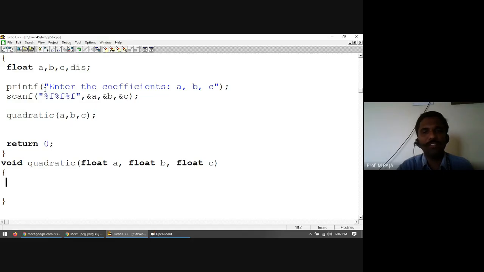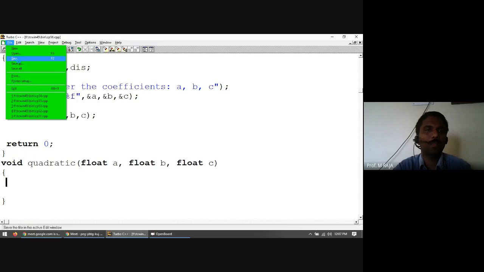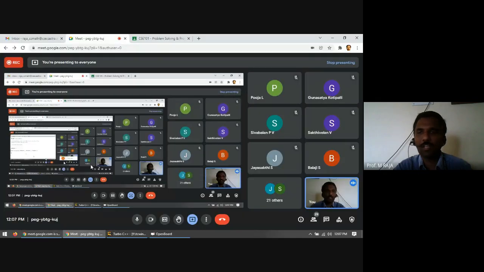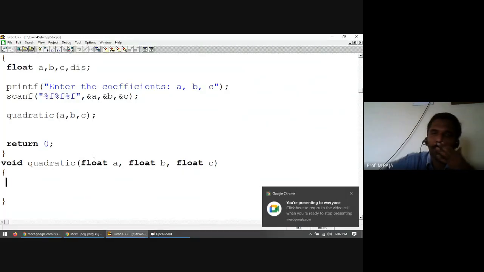So having this formal parameter list A, B, C, what is our next step in this computation? How to solve the quadratic equation?